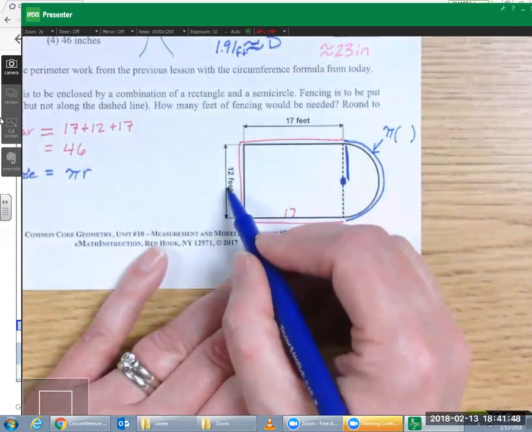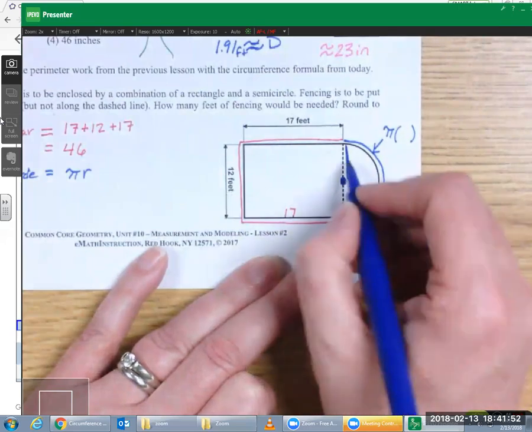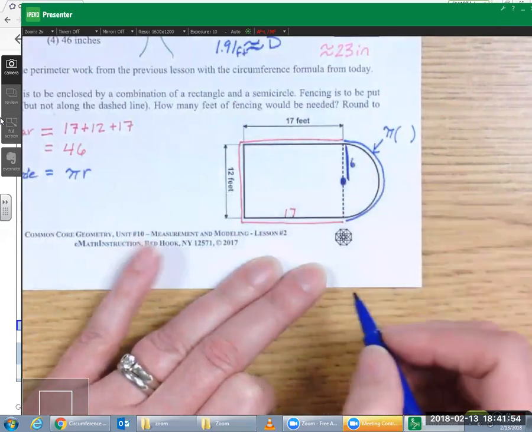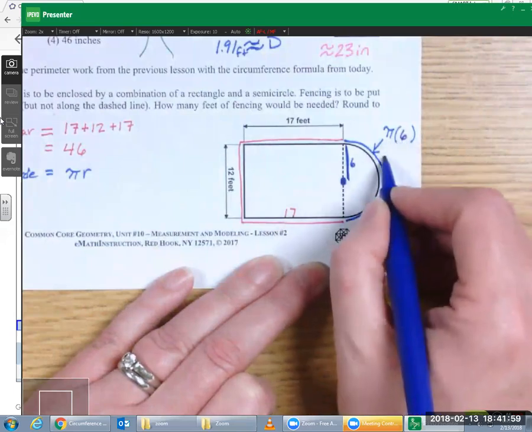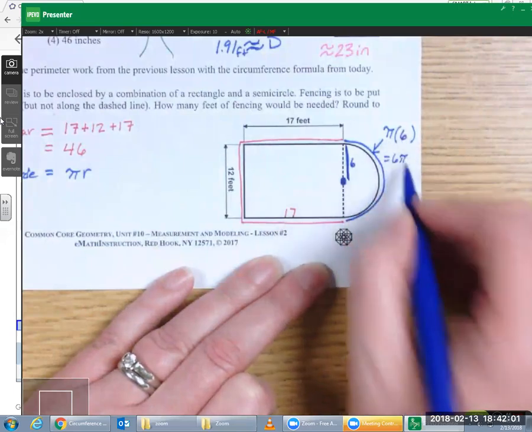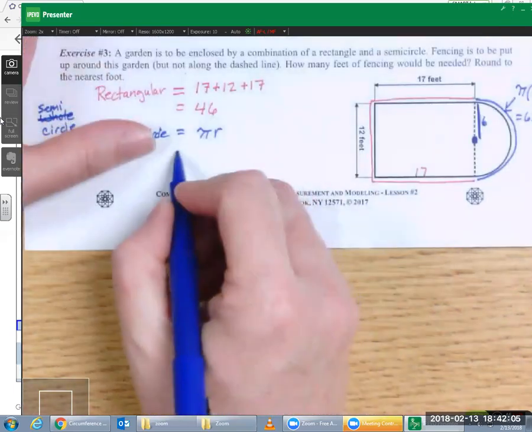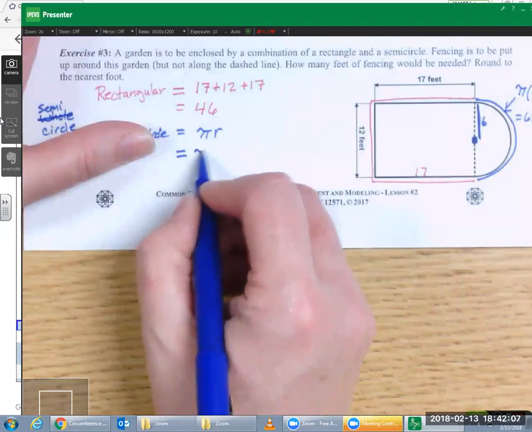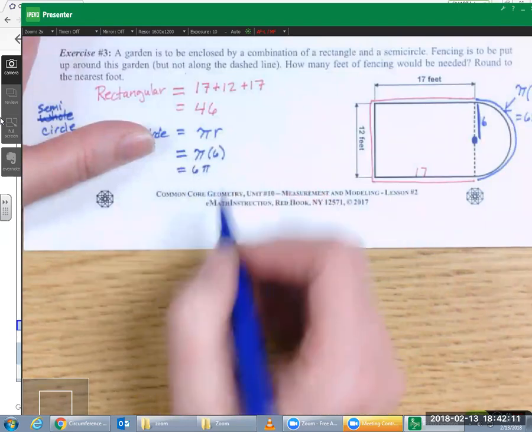If you're thinking this is 12 here, this should be 12 over here, and this is going to be half of it. So I would say the radius is 6 feet. And that would go into my formula as the radius, pi times the radius, or switching it around, it's 6 pi. Okay, so let's show that over here. Our radius was 6. I'm going to go pi times 6, 6 pi. And I'm going to leave it at that.